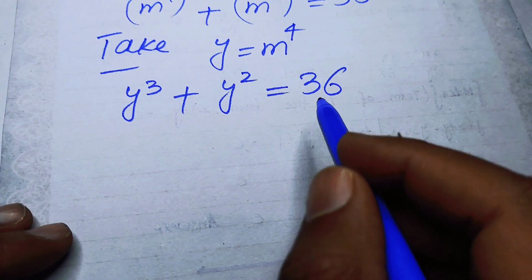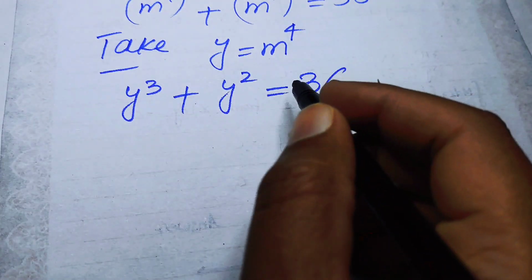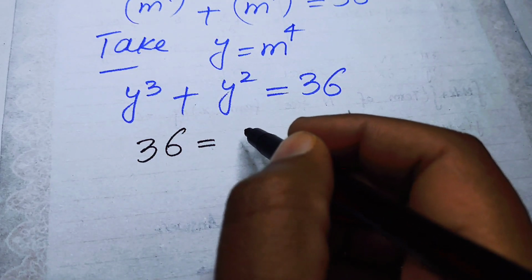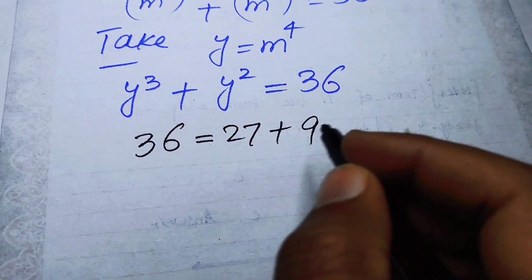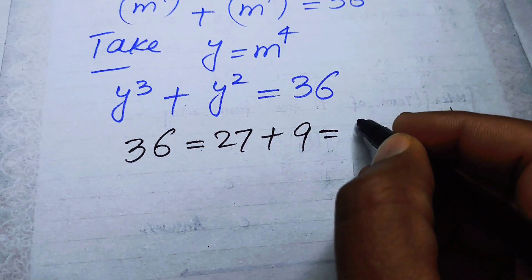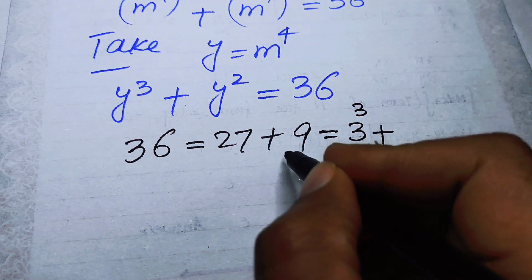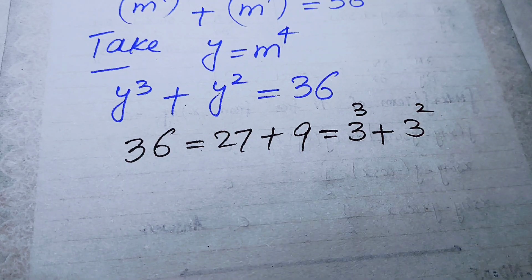After that, you can focus on the right hand side, where you can see 36, and we can write this 36 as 27 plus 9. We can write 27 as 3 to the power of 3, plus we can write this 9 as 3 to the power of 2.